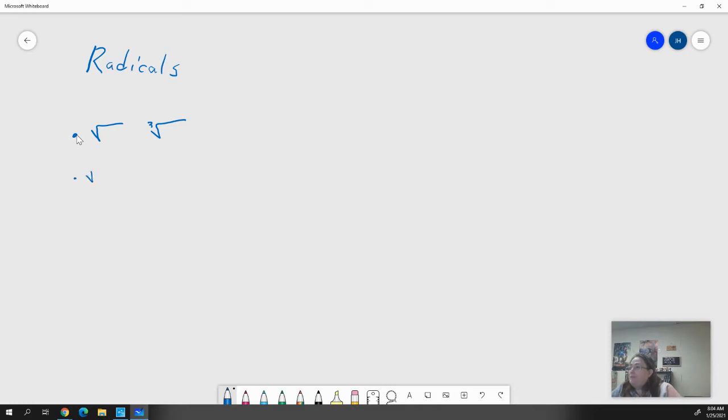This symbol that I just made right here is considered the radical symbol. We call it the radicand. And you would know like the first 20 or so perfect squares, right? A perfect square is any number multiplied times itself.